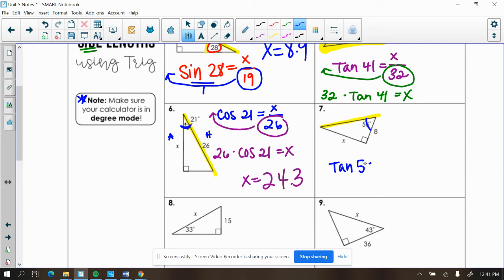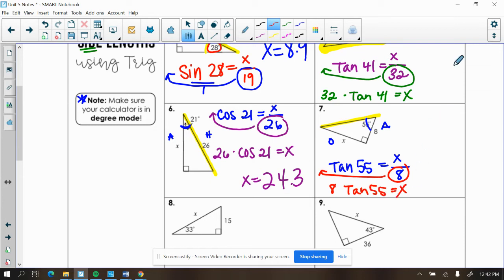So tangent of 55 equals, here's my opposite, here's my adjacent, and tangent is opposite over adjacent. I bring this number to the front. 8 times tangent of 55 equals x.